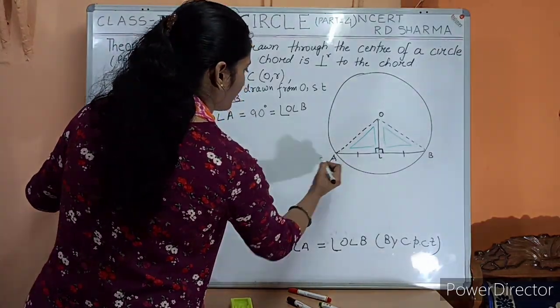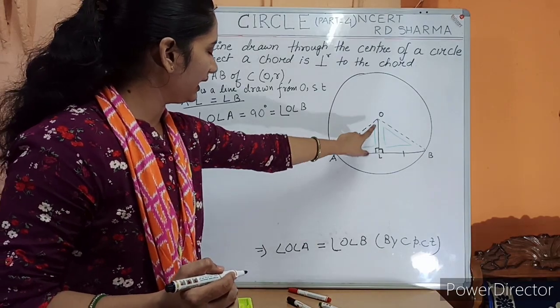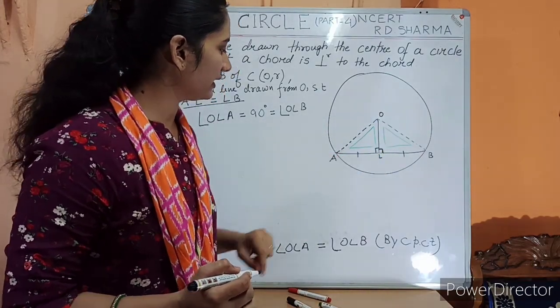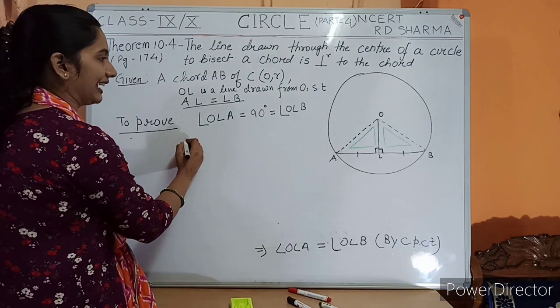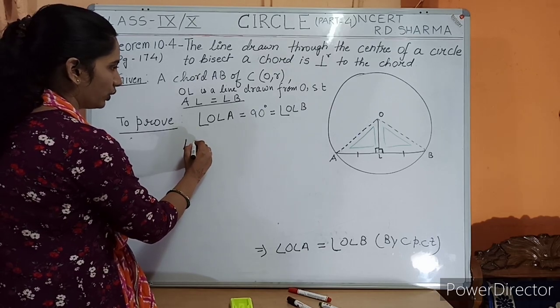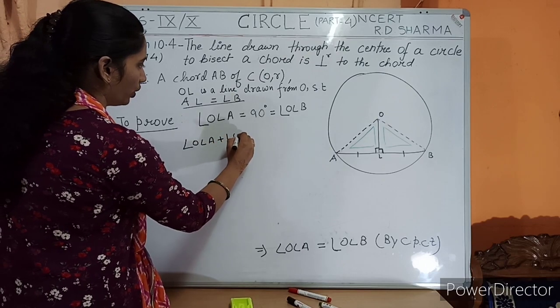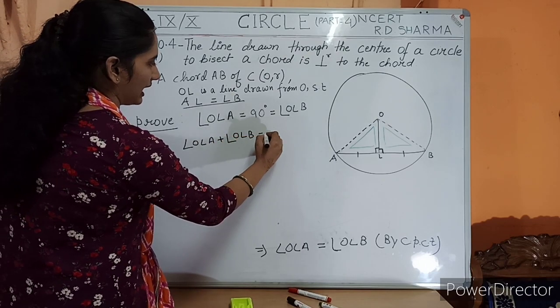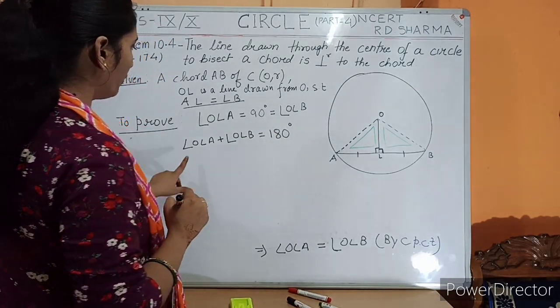This is A. Okay. Now, just now we have shown that this angle OLA must be equal to this angle OLB by CPCT. Now, children, can we write it this way? Just look here. Can I write angle OLA plus angle OLB as 180 degree? What do you think? Why should we write this?